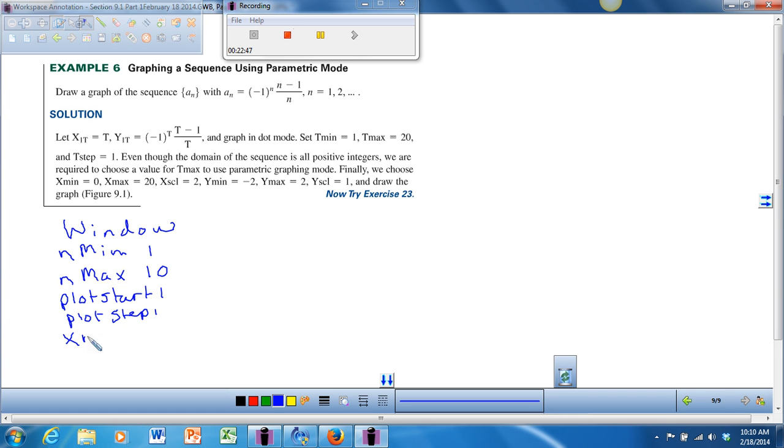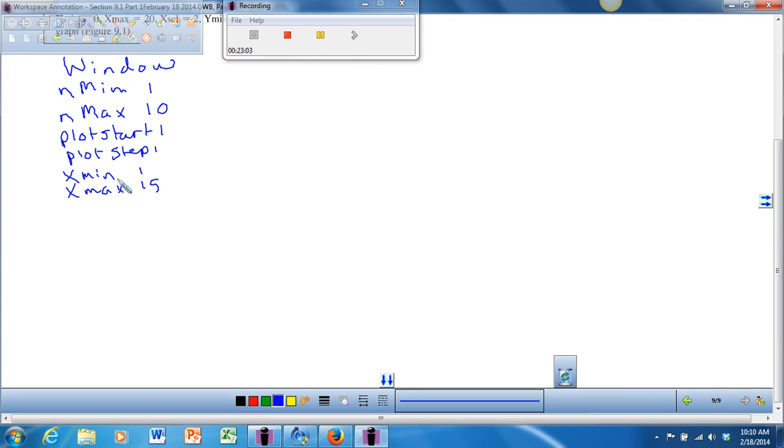X min and X max, you want to make sure you have your window set so that we can see 1 through 10. So generally, you set it up almost identical to your n min and n max. I'm going to go a little bigger just so I have enough window to see the whole thing. X min of 1, X max of 15, X scale of 1.